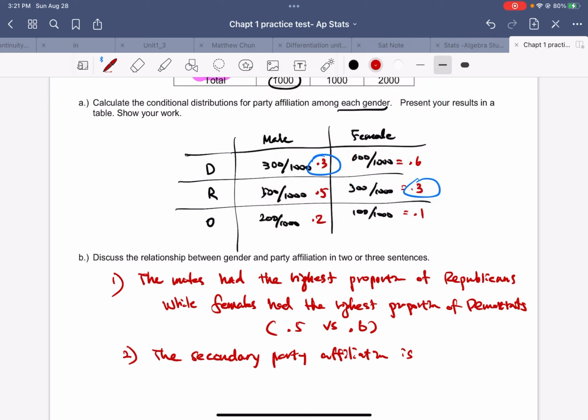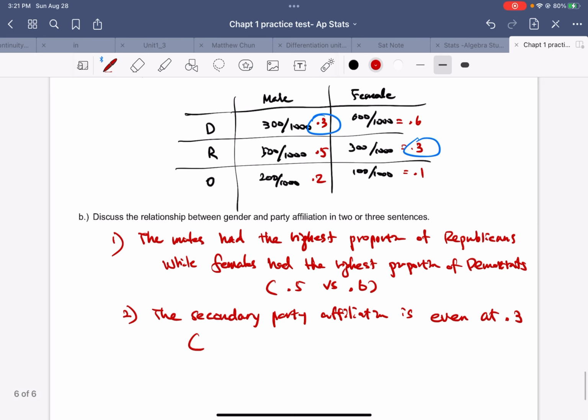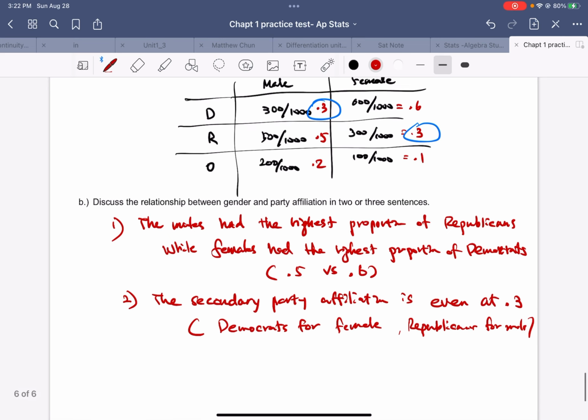So you can say they are even at 0.3. So those are both 0.3. So you can say Democrats for female and Republicans for male. Okay, so you can say they are the same proportion.